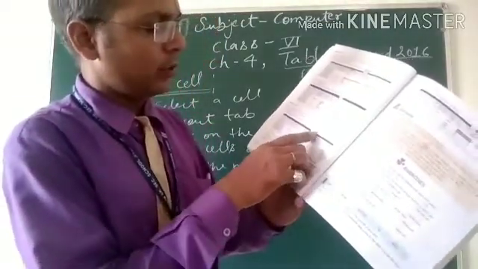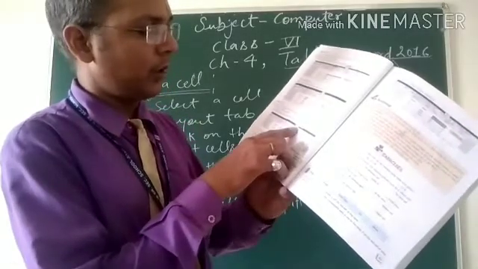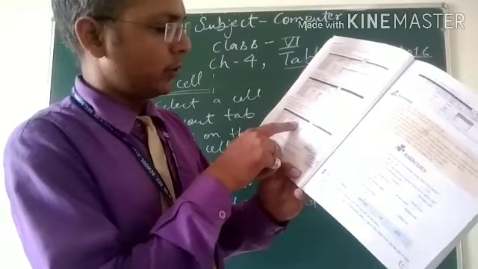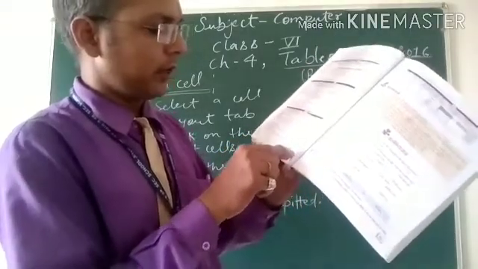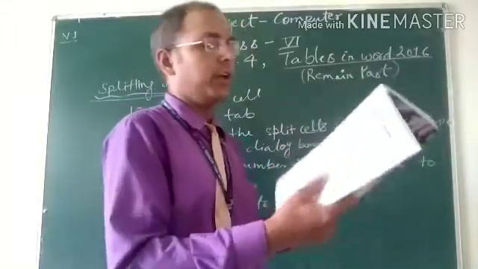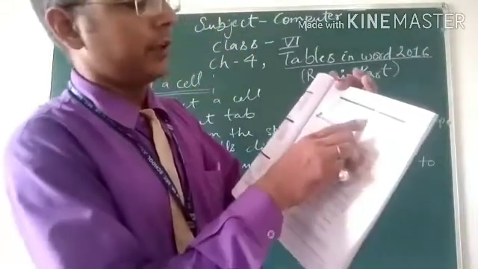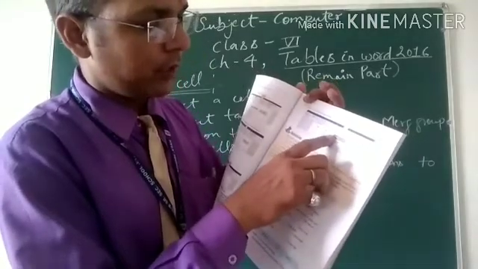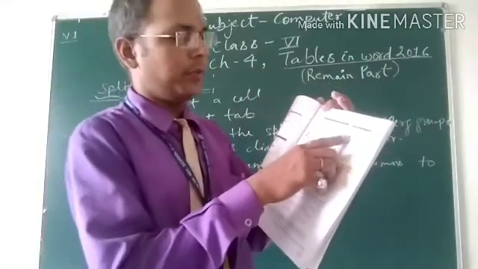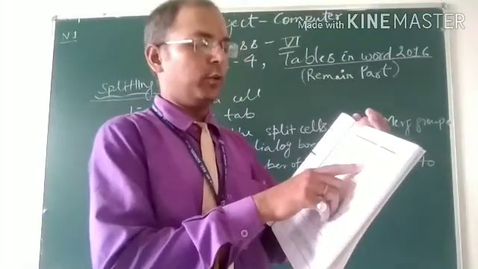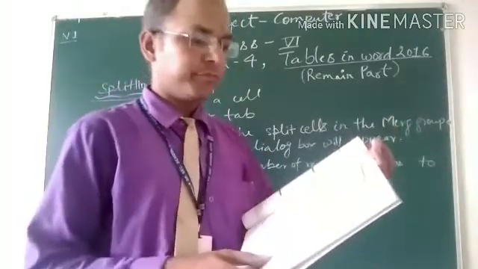Then go to the layout, and in the merge group click split cell. In the split cells box, number of columns 4, number of rows 3, OK. This cell is split into 4 columns and 3 rows. So this is the table after splitting the cell into multiple rows and columns.